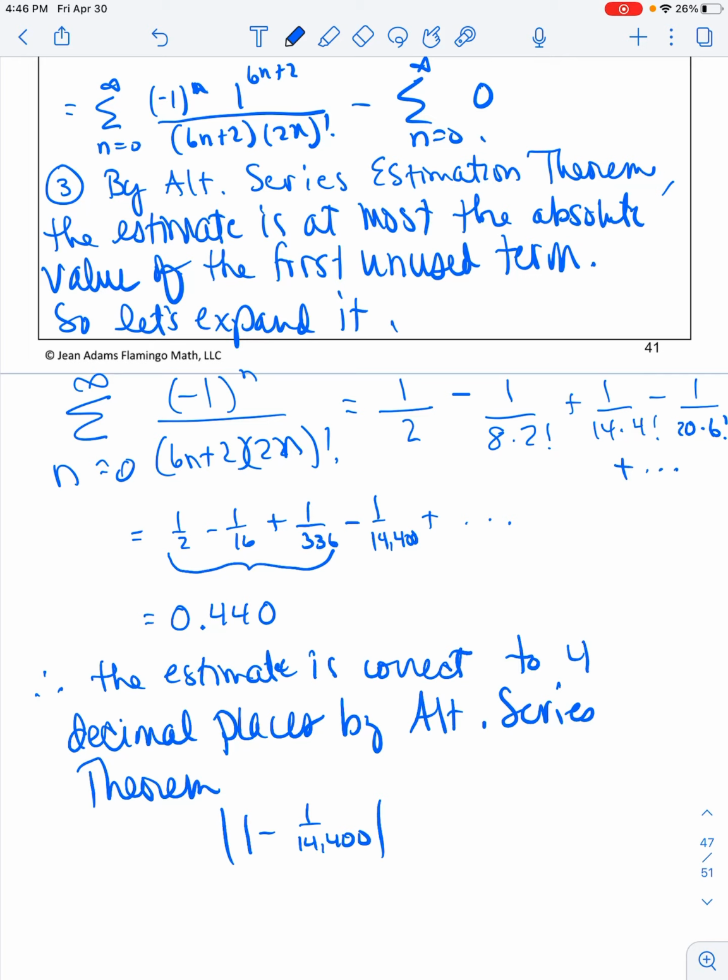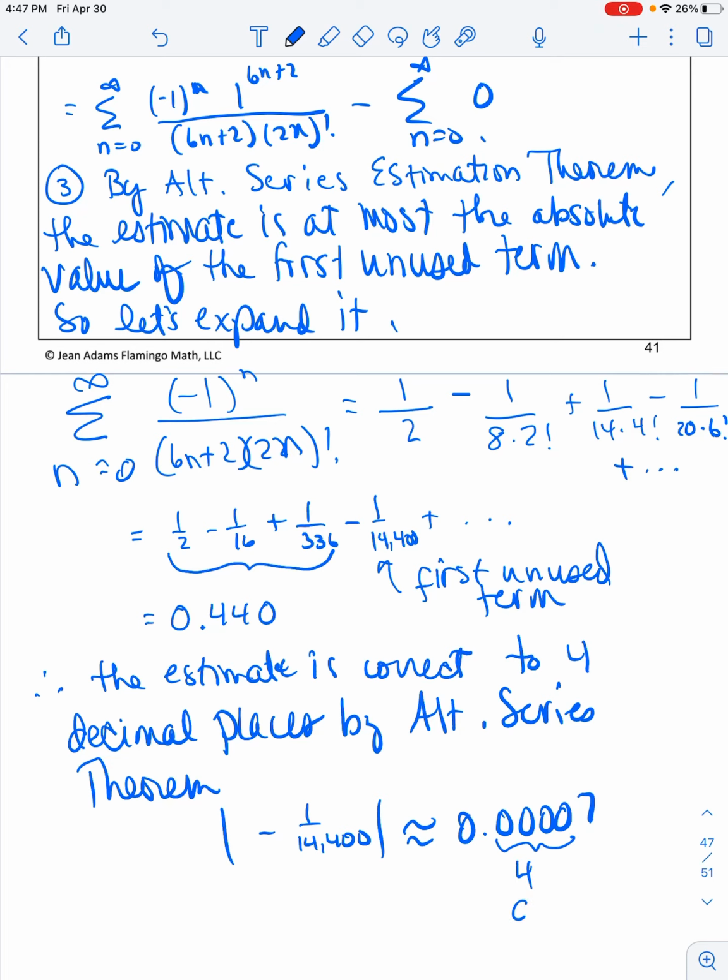And 1 over 14,400, that absolute value, that's not a 1. That was an absolute value sign. I was like, wait a minute, why do we do 1? Just this term, the absolute value of this first unused term, is approximately 0.00007. And that's what showed us that we have 4 decimal places for the error.